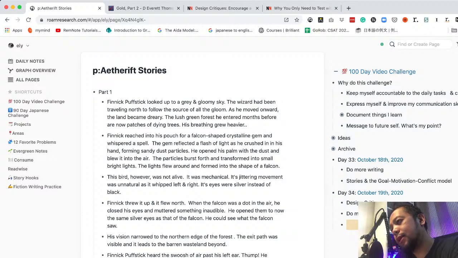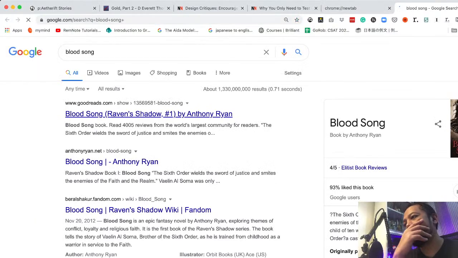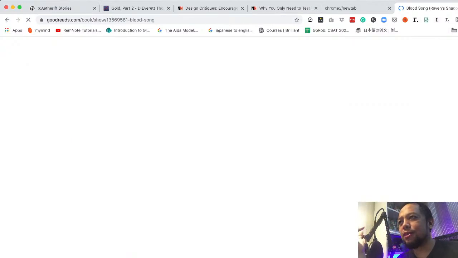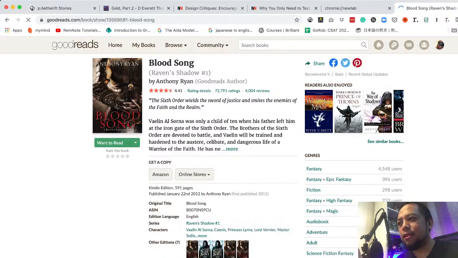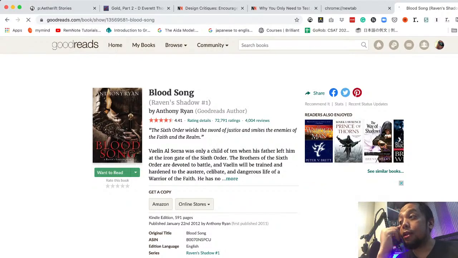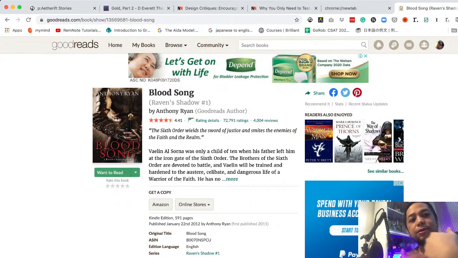That made me also look at a couple of novels that I had in my Kindle. One of the nice books that I like is Blood Song by Anthony Ryan. I reviewed how he described the first 3 scenes in the book, and I examined how flowing it felt for me as a reader.